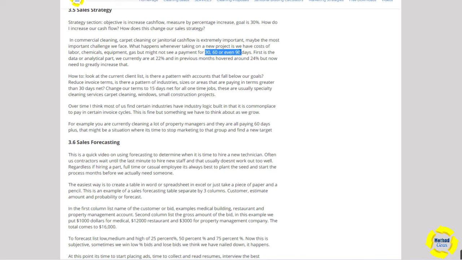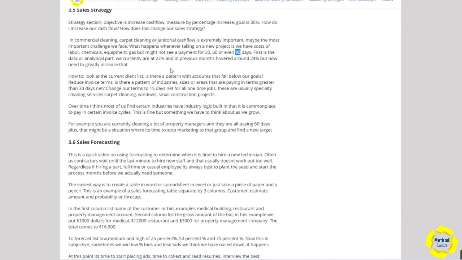Because 90-day net, it does happen once in a while. You wouldn't want too many of them, though, because you're really going to get backed up on your cash flow. So you're thinking about cash flow and trying to mix up your clients, taking into account cash flow.